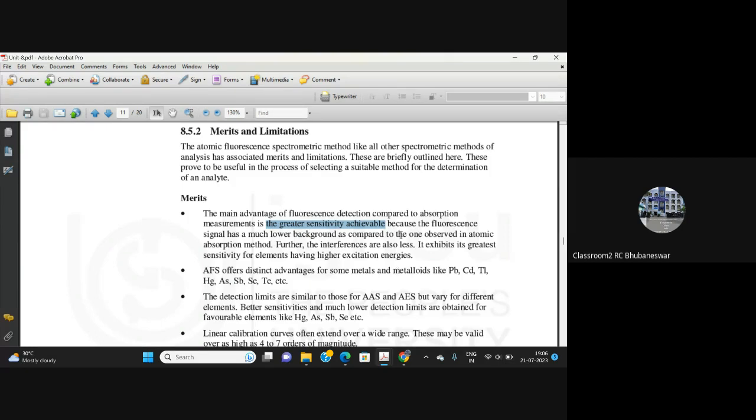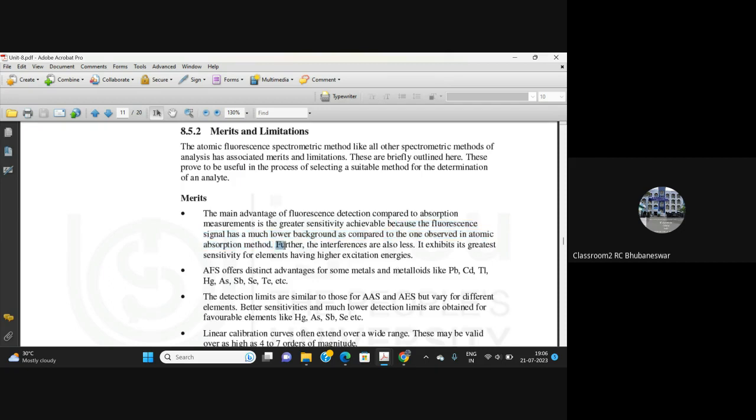Okay, so these are very sensitive, because the fluorescence signal has a much lower background as compared to the one observed in the atomic absorption method. It always has lower background noise.